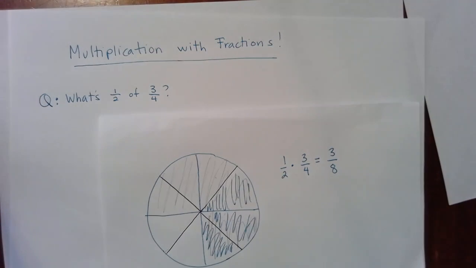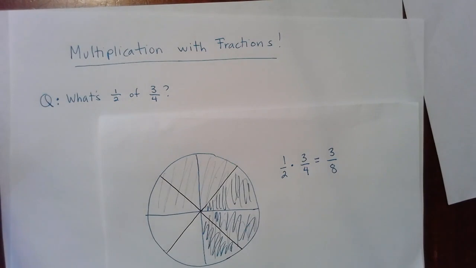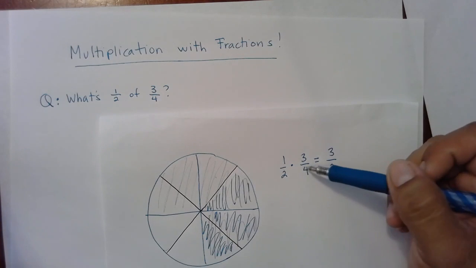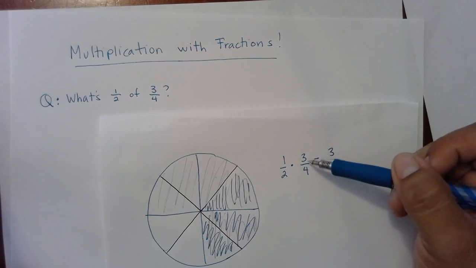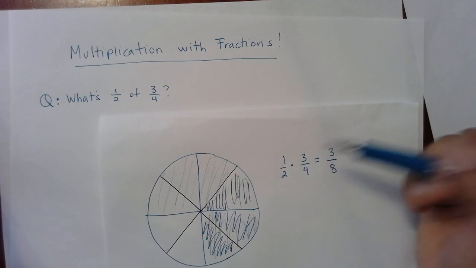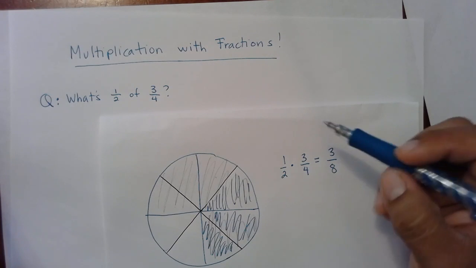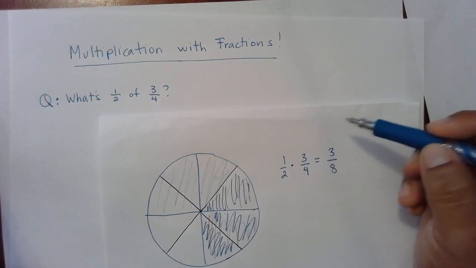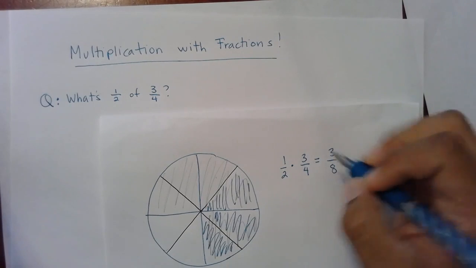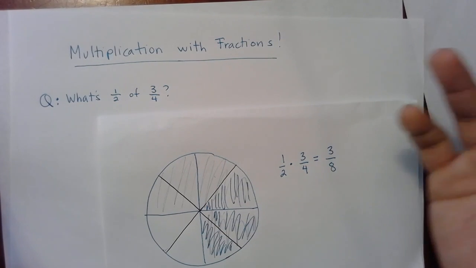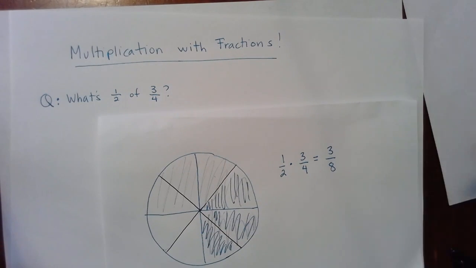Okay. So let's consider that for a second. What happens to the numerator and the denominator of both of these fractions when I multiply them together? Observe, how can I relate 1 and 3 so that I get 3? You can pause it and answer however you want.